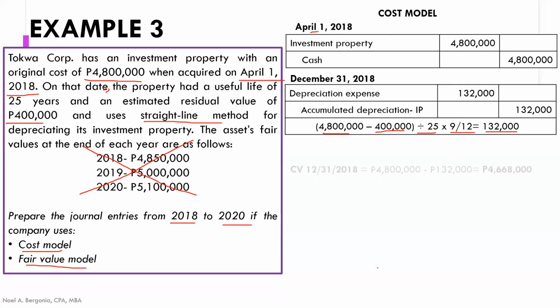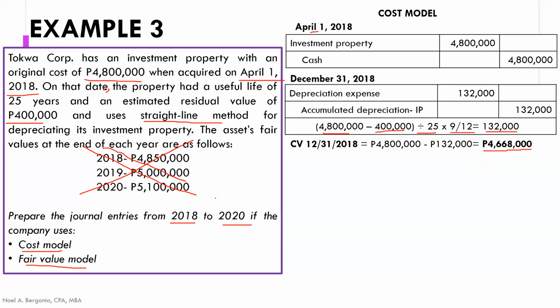At the end of 2018, the carrying value of our asset, of course, is the same as PPE: cost less accumulated depreciation. So we will have 4,668,000 carrying value at the end of 2018. We do not have any consideration of fluctuation in fair value there.